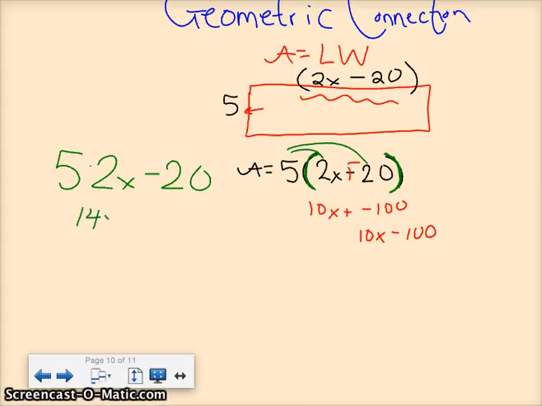Yep, 14x minus 20. Are they the same thing? No, it's completely different. That's why you definitely need to make sure that you include that parenthesis. I have no idea. Why would I get 14x? Where did that even come from? 10x. I don't know where 14 came from.